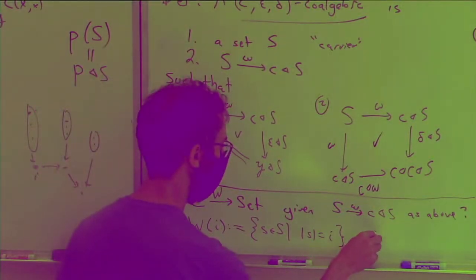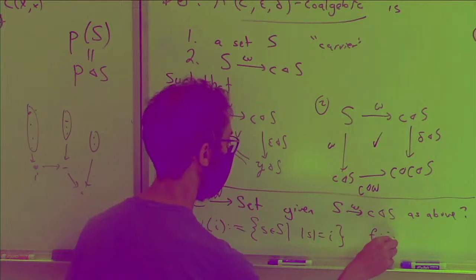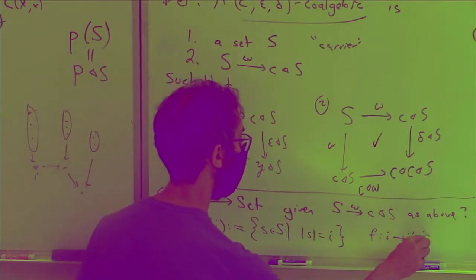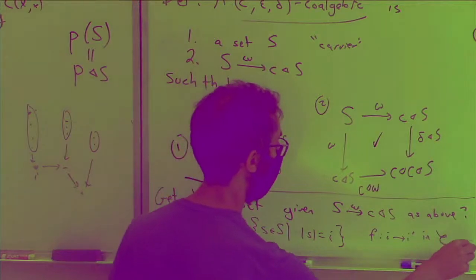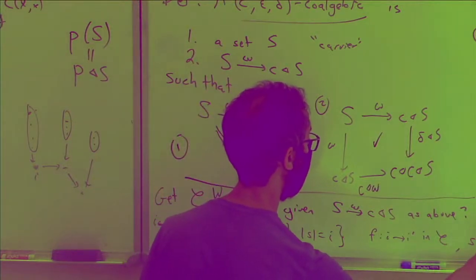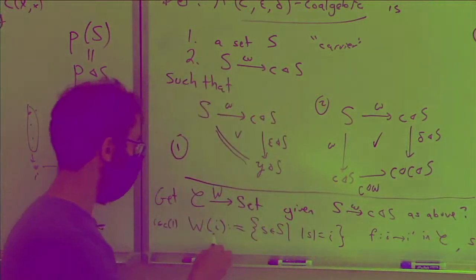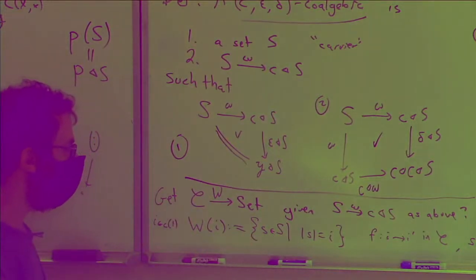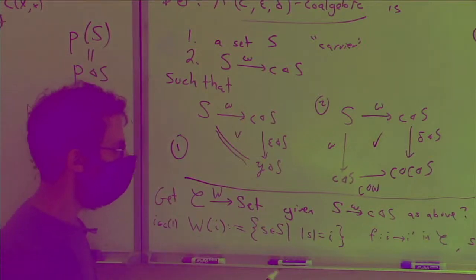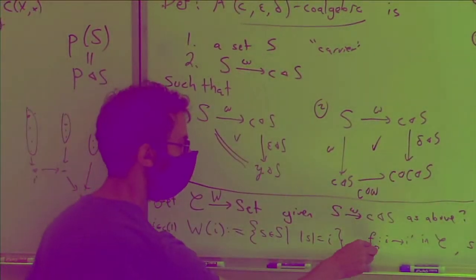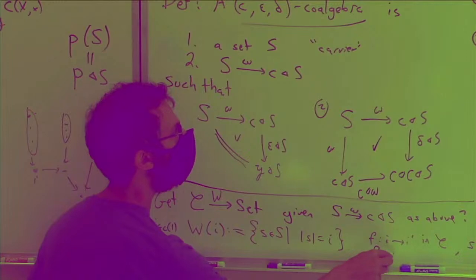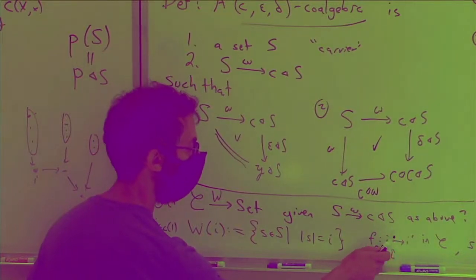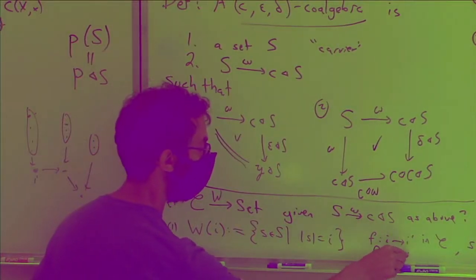And then if I have f taking I to I prime in C, and I have s in W of I, I need to get an s prime in W of I prime. So how do I do it? Well, I have an element f in C bracket s.